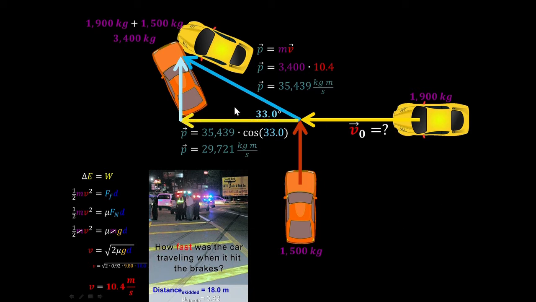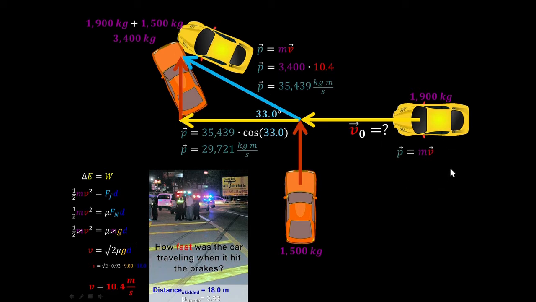Okay, but this component of the momentum is in the left direction, and this car didn't have any momentum in the left direction. So this component here of the two cars moving like this must have been equal to the momentum of the yellow car before the collision. And the component up like this must have been the component of that one.